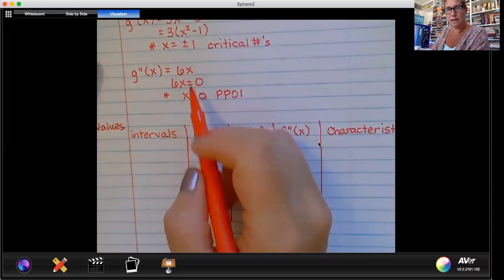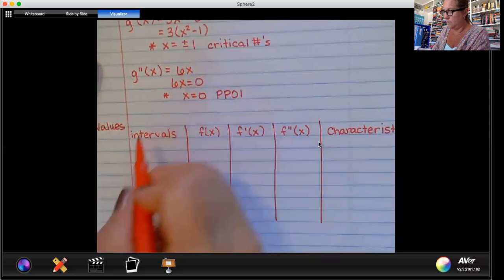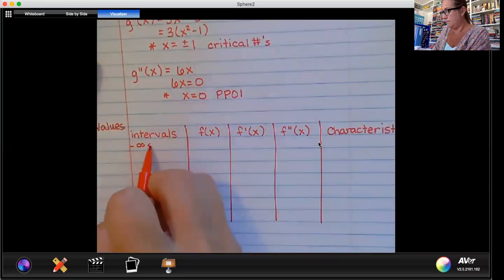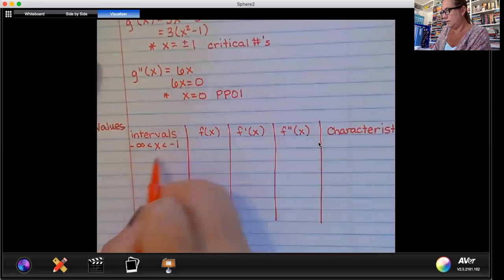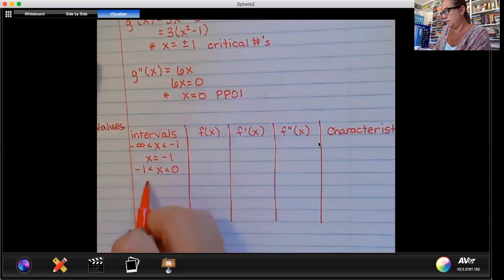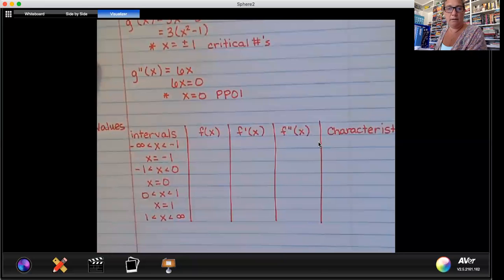So the way we're going to set that up is find the lowest, which is -1. We're going to go from negative infinity to -1, and then x equals -1, and then -1 to 0, and x equals 0, and 0 to 1, and x equals 1, and then 1 to infinity. Well, look at that.